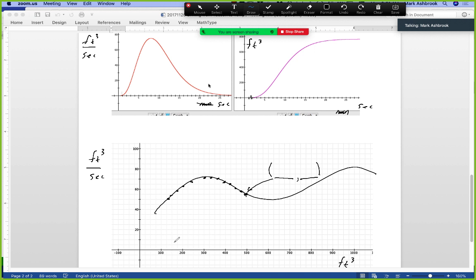I want to get points of correspondence of rate and amount. How can I use these graphs to do that? How can I get 1 point? So I just want to get 1 point on this graph down below. So I need a correspondence of an amount and a corresponding rate. How can I do it?